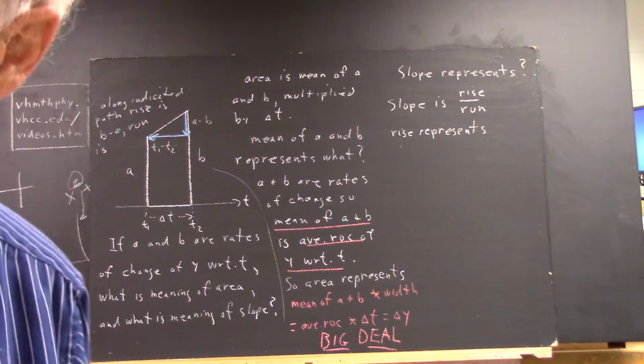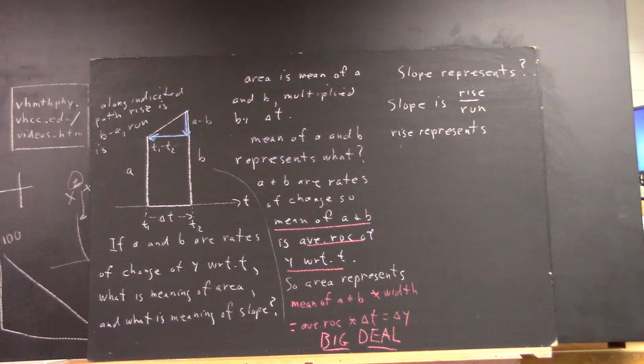A is the initial, it's like, I had it in my brain, and then word vomit. Somebody else, what do the altitudes of this triangle represent? It says what it represents right here on the board, right?